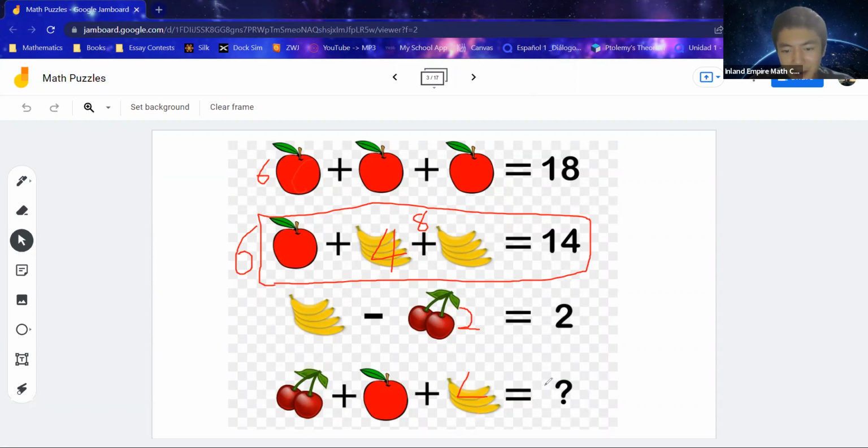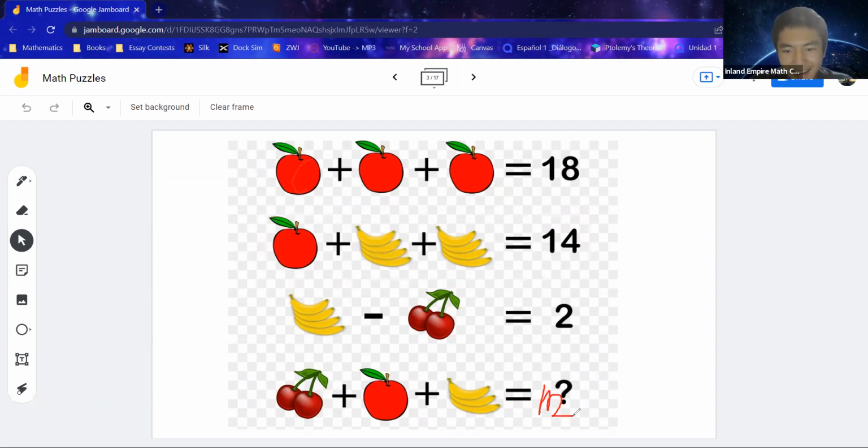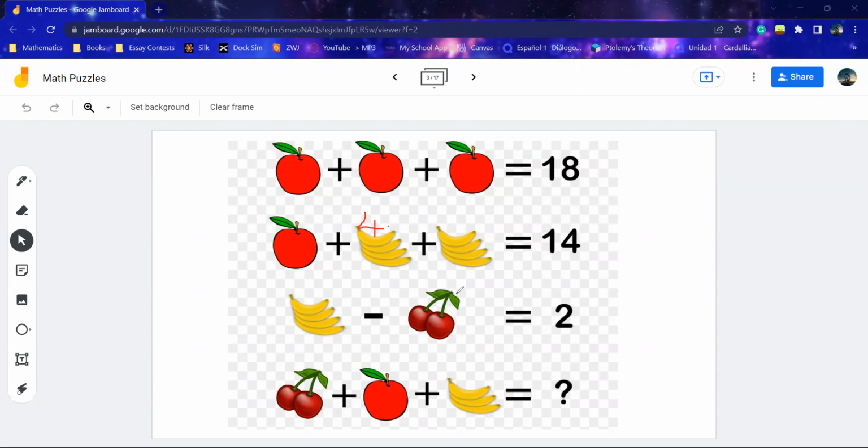However, Joyce, you made an excellent observation. This is actually a bit more complicated than we think, because this would be 4 bananas, so 4 times bananas. And this would be actually 2 cherries, right? Will we count this as 2 cherries? Well, that doesn't really matter, does it? No, it doesn't. But we would have to recalculate this. It's a bit more complicated.